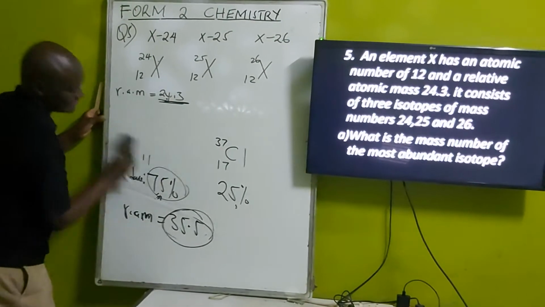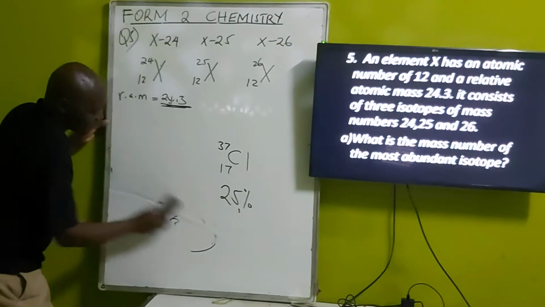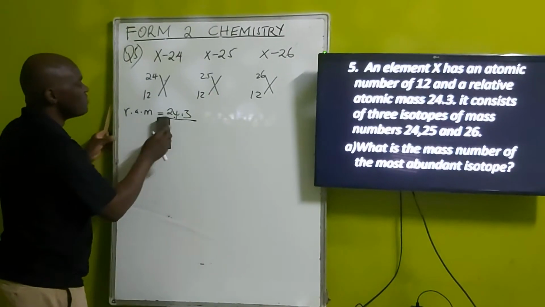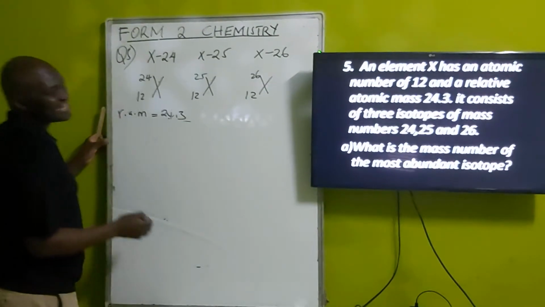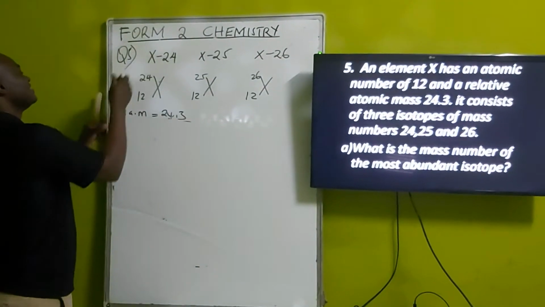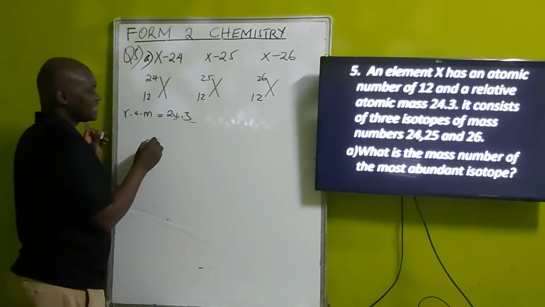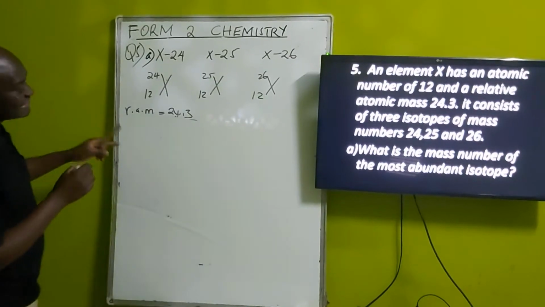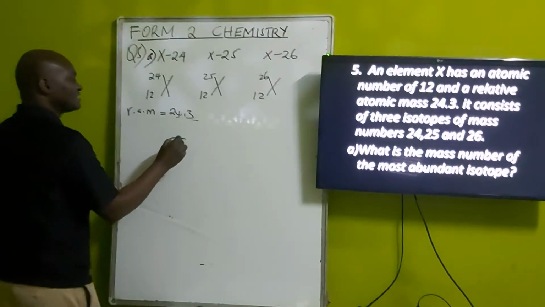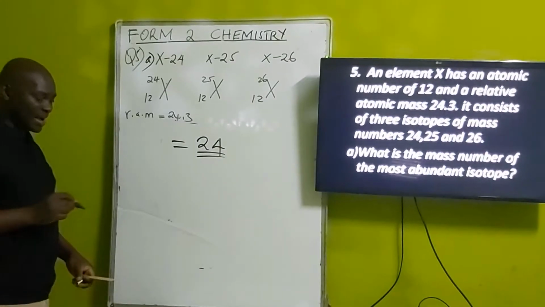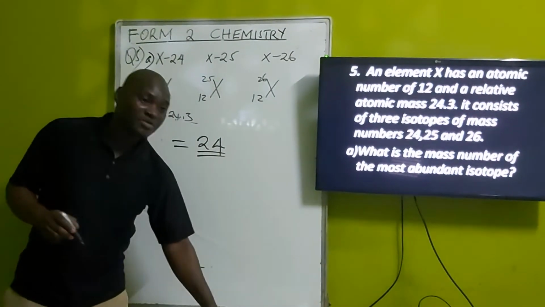So in that case, we settle for the most abundant isotope. So the mass number of the most abundant isotope, that is part A, is 24. So the answer there is 24. That is part A. And we move to part B.